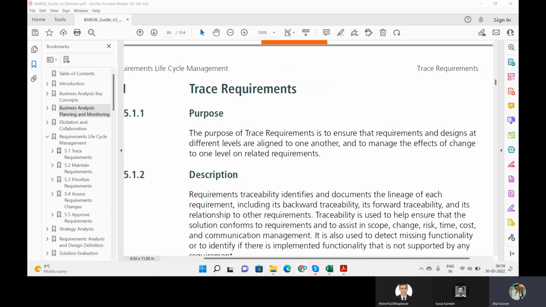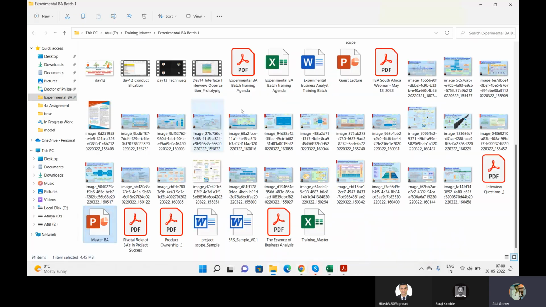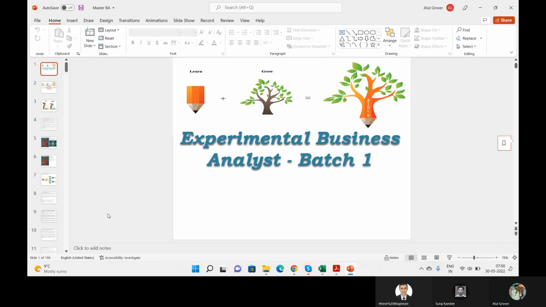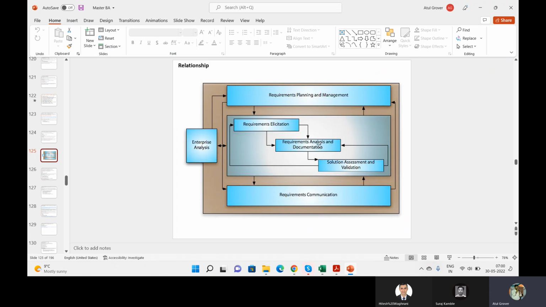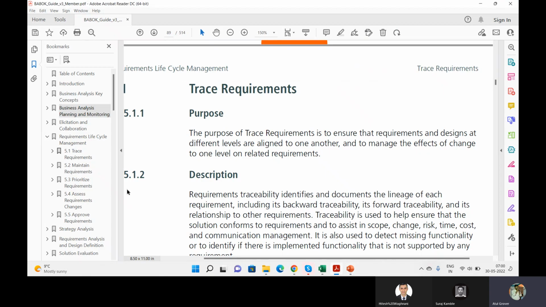Now if I come to this, sorry, not this one. So this one, I'm here now, requirement analysis and the documentation.